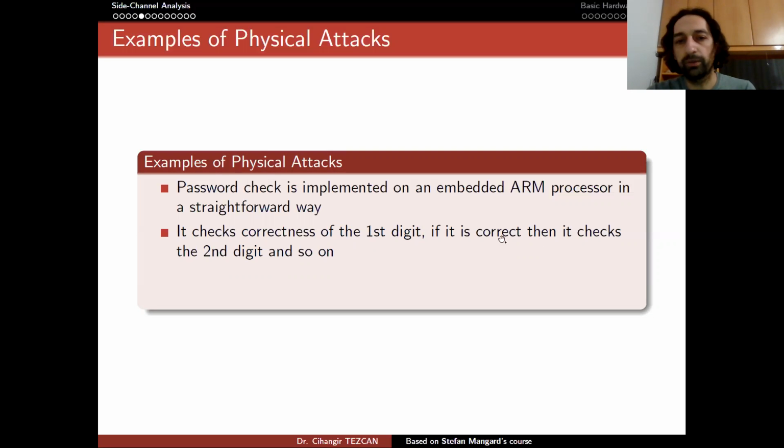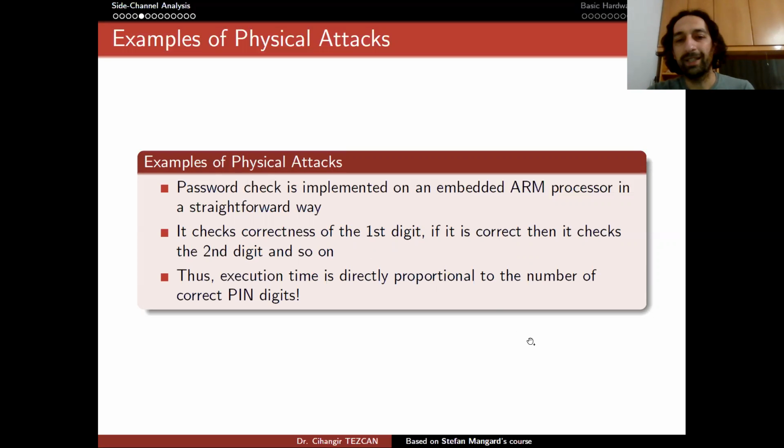If your first digit is wrong, then the number of operations is small. But if it is correct, then it checks the second digit, and so on. So the execution time is directly proportional to the number of correct PIN digits.